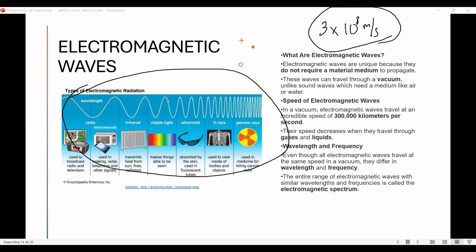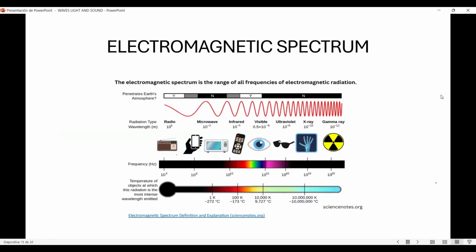And among these types of subcategories, the visible light is the most important, right? So here there is another representation of electromagnetic waves according to their use. So we have radio signals in these radio waves, the microwaves to heat our food, the infrared when you use a remote control, right?